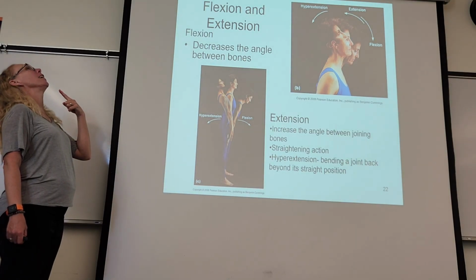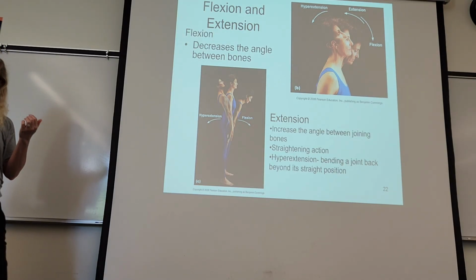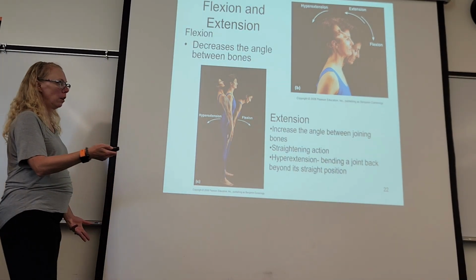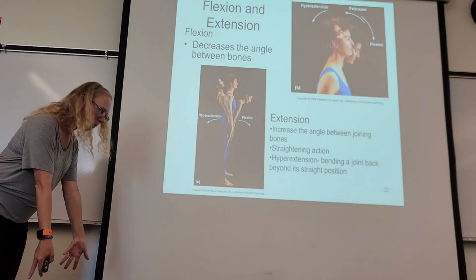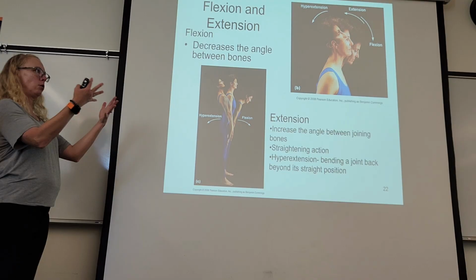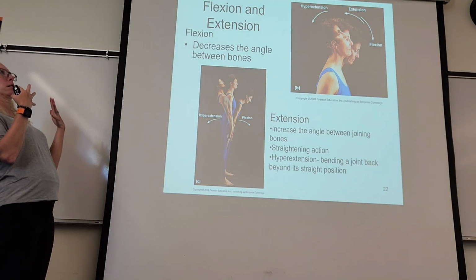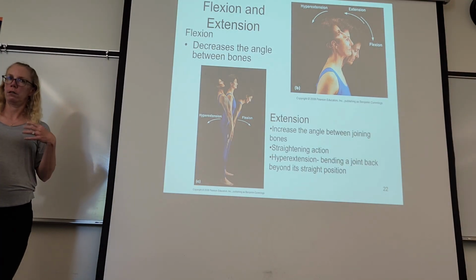Looking up at the ceiling is considered hyperextension, so you can go beyond what's considered full motion. If you're flexing the back, you're bending forward. If you're extending the back, you're coming back to original position. If you're hyperextending, you're going beyond that. Flexion and extension are typically in the sagittal plane.